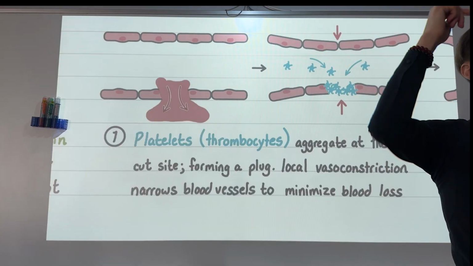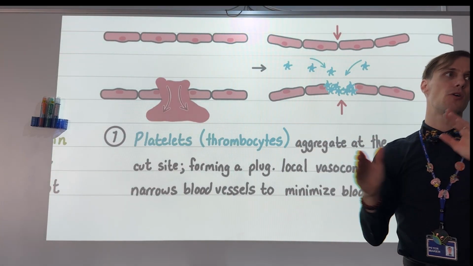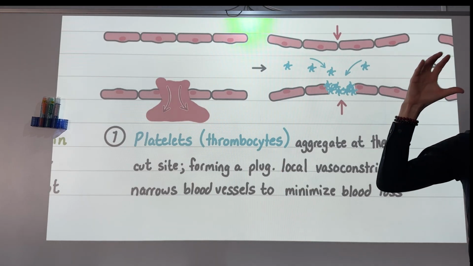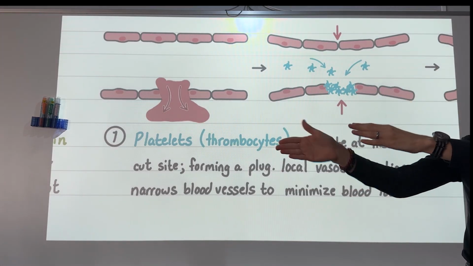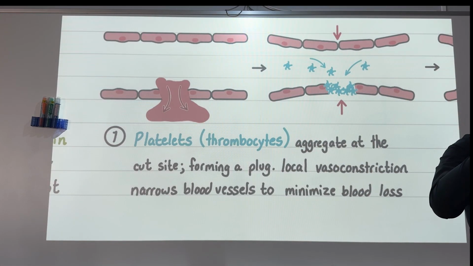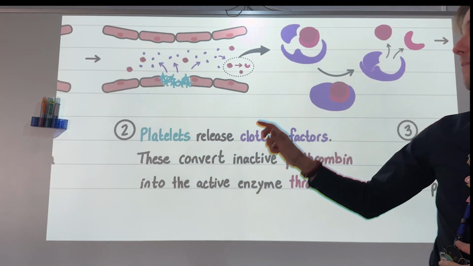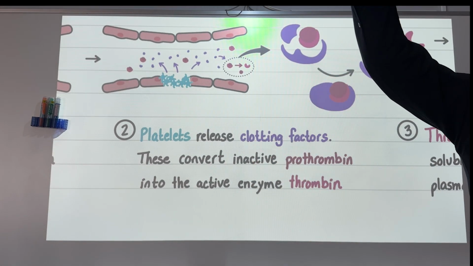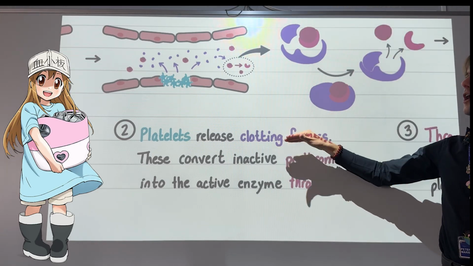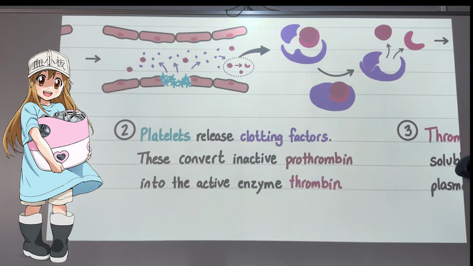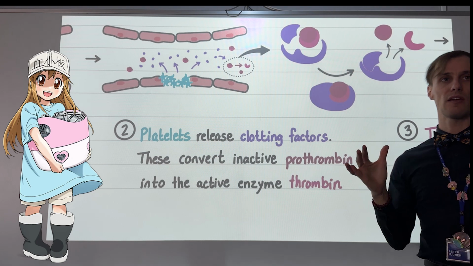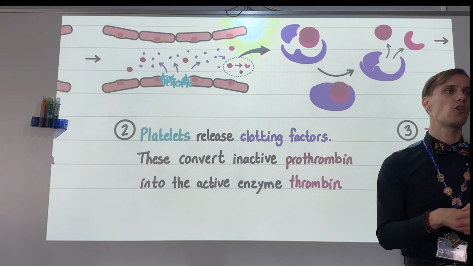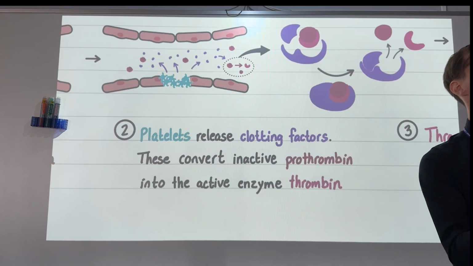So this is your body being like, okay, there's obviously an injury here and we're losing blood. Let's minimize any flow to that area. That's going to be kind of like the first step here. The next step, your platelets are now going to release these proteins called clotting factors that I've shown here in purple. Now, clotting factors have a really important role because they effectively are going to activate an enzyme.